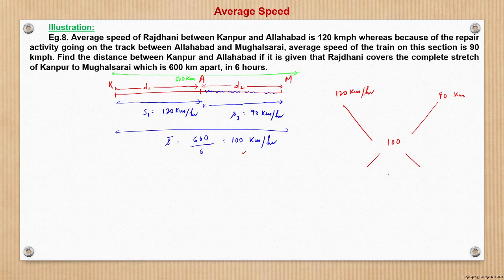So the ratio of time should ideally be, on the time axis, 120 minus 100 is 20, and here 100 minus 90 is 10. So that is nothing but 1:2. So now we know what the speed is and what the time is. So total distance we can say here.